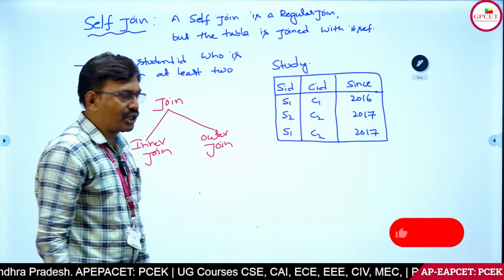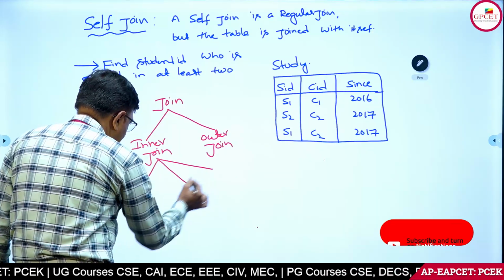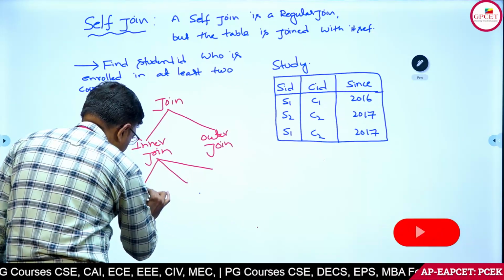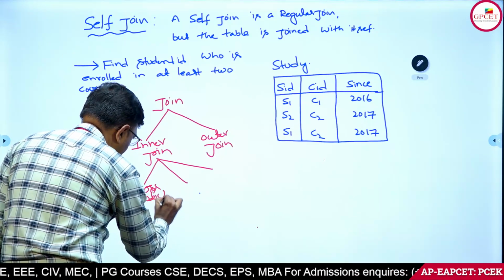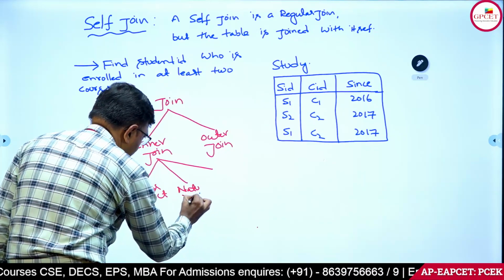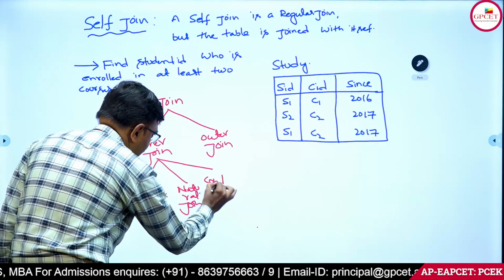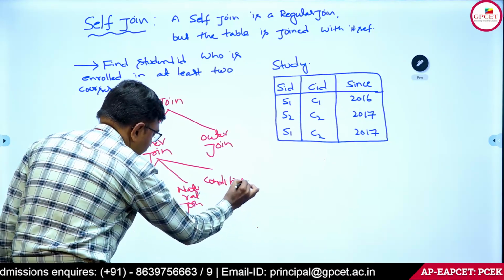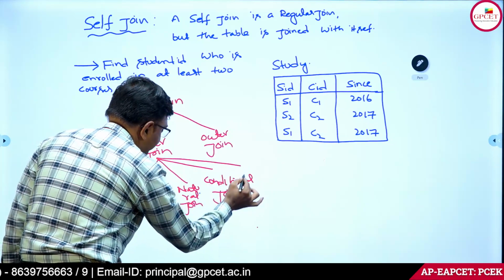Inner join, outer join. Inner join again has different types. First one is a cross product or Cartesian product, natural join, conditional join, and self join.